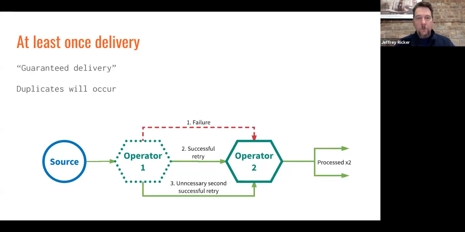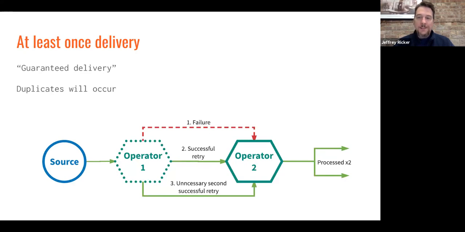The second one is at least once delivery. It can also be called guaranteed delivery. So here an operator sends out the first message, it fails, so it sends out a second message, and then it sends out a third message, which can be ignored.